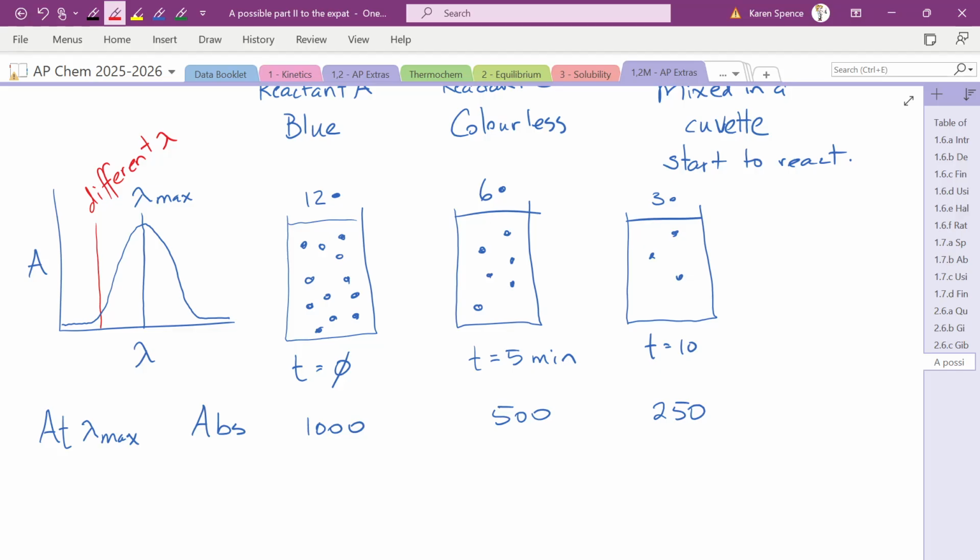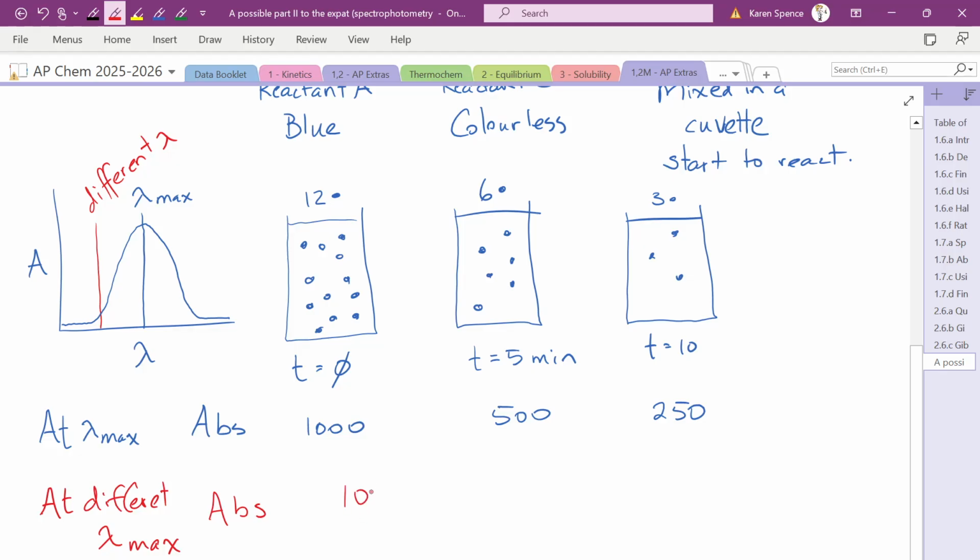Okay. So if I was to do it at a different lambda, my absorbance might be 10 and then 5 and then 2.5, which is still measurable. But then let's say I did it at a third one.